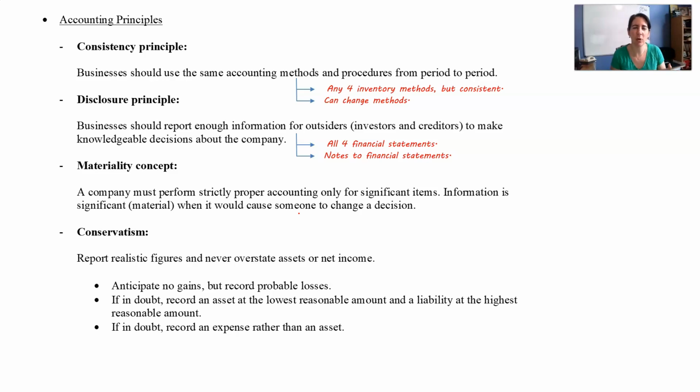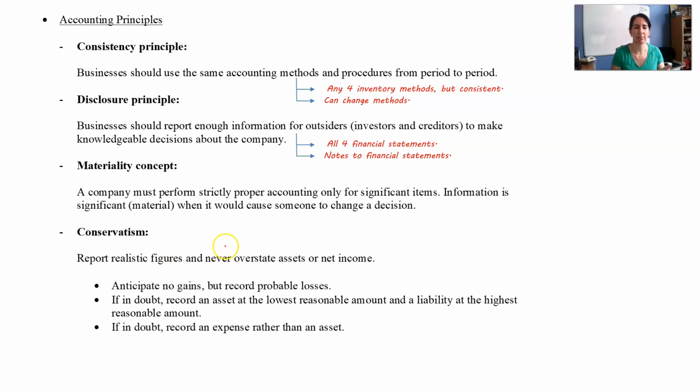So let's say you're off by a couple hundred dollars on your inventory. Not a big deal. If you're off by a couple thousand dollars, again, maybe not a big deal. It all depends on the size of your company. If you have a $1 million company and you're off by a few thousand dollars in your inventory, not such a big deal. If you're off by like $100,000 in inventory, kind of a big deal. That's material. That means significant items need to be reported.